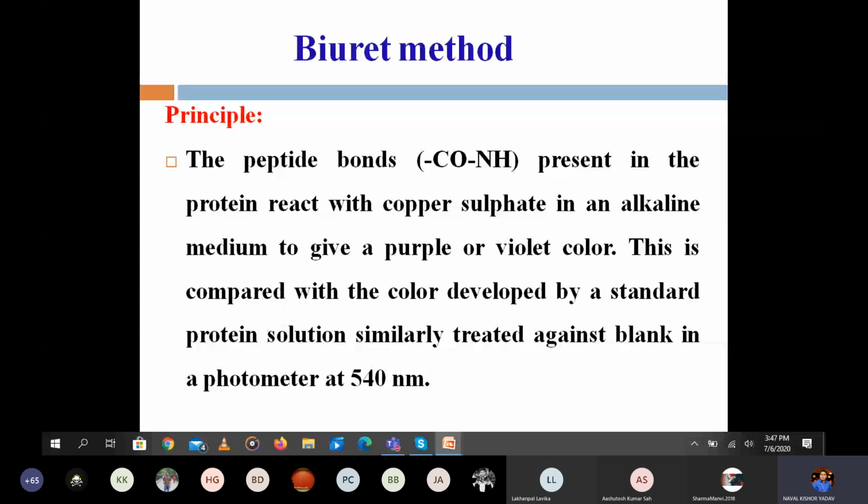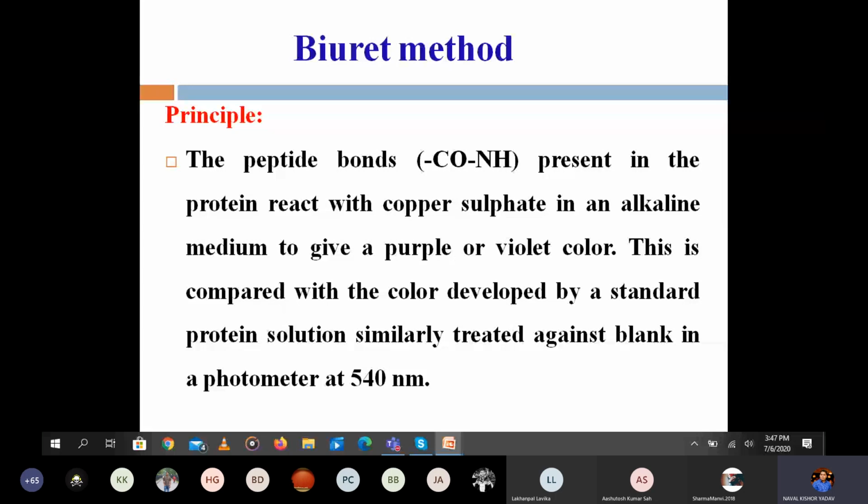It keeps on linking and adding amino acids, and many peptide bonds will be present in the protein. So based on the peptide bonds, the intensity of color will differ, which is measured at 540, and the color you can notice is purple to violet. The reaction takes place in an alkaline medium. So you have to remember: peptide bond, alkaline conditions, the intensity depends on the number of peptide bonds, and measure at 540 nanometer.